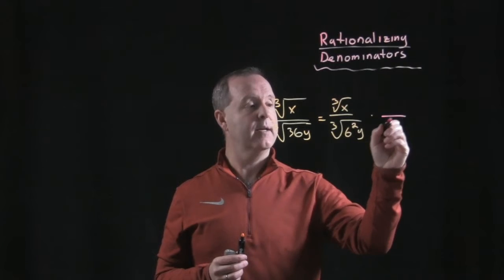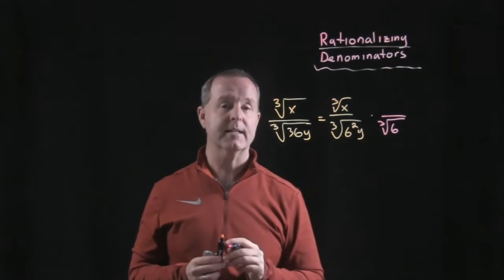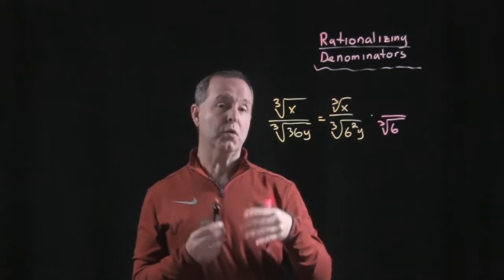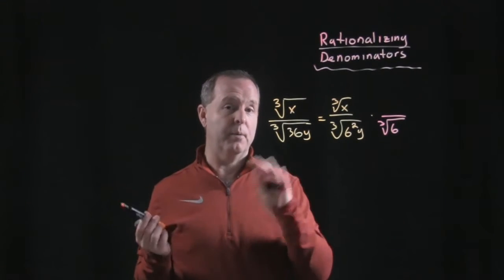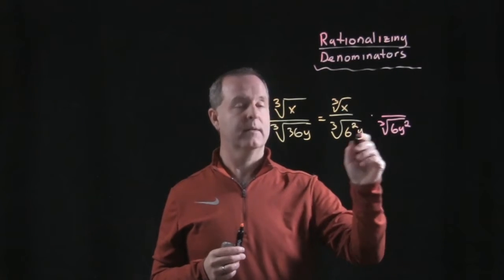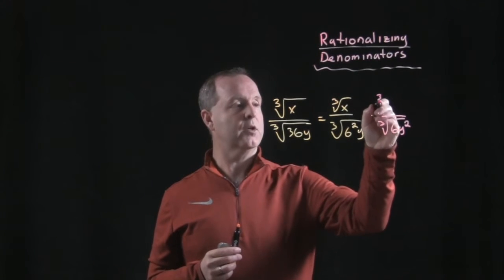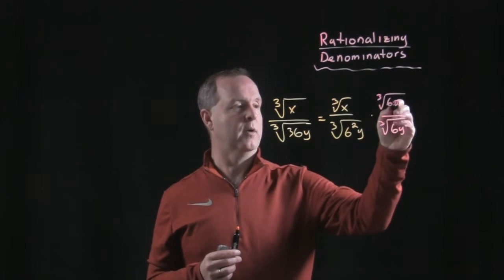So let's multiply my clever version 1 to be a cube root. It will need to contain a 6. I have a y, but how many total y's do I need for a perfect cube? I need 3 total, so it'll be a y squared here. So there's the formation of my clever version of 1.